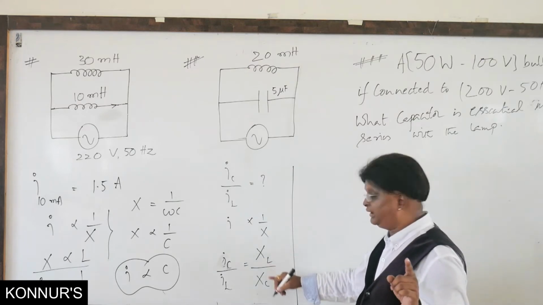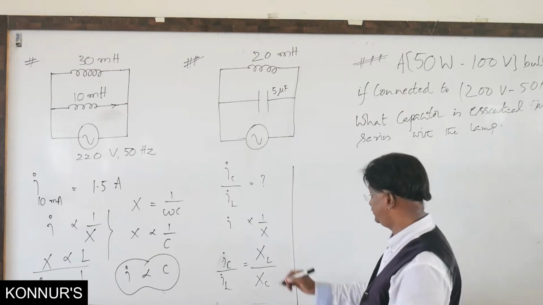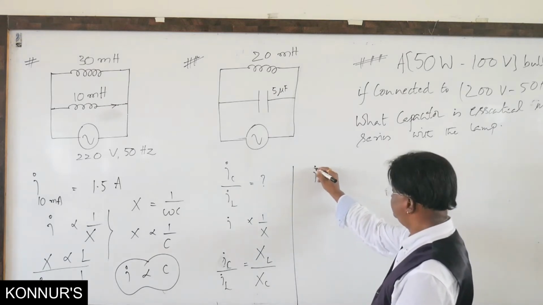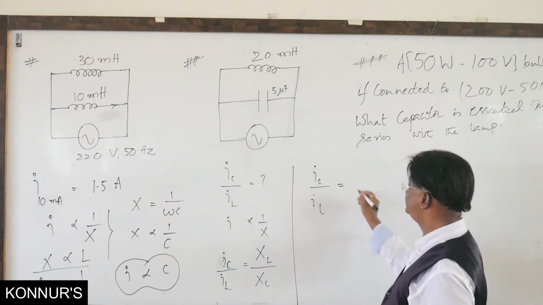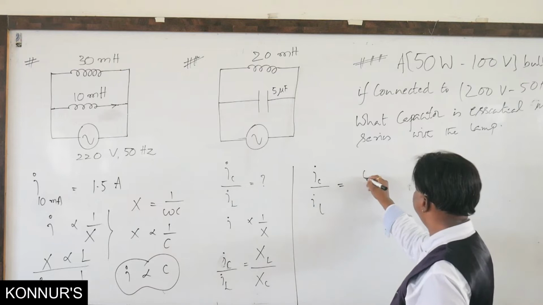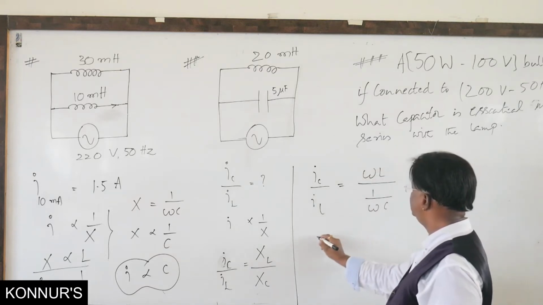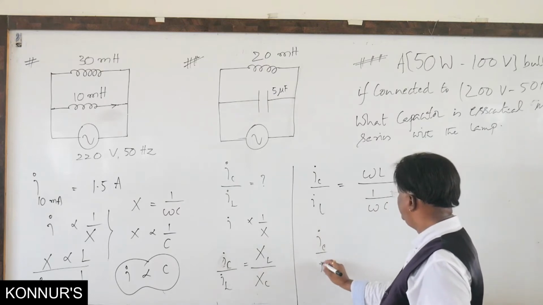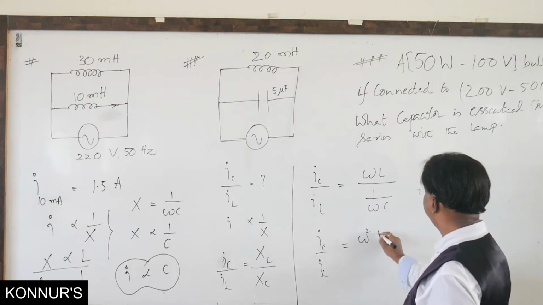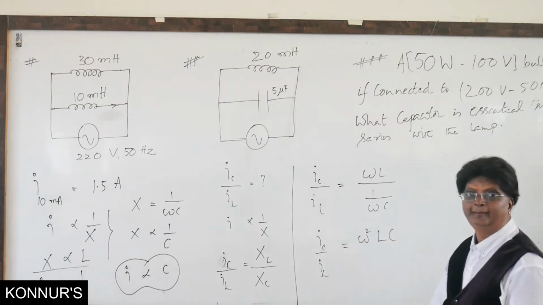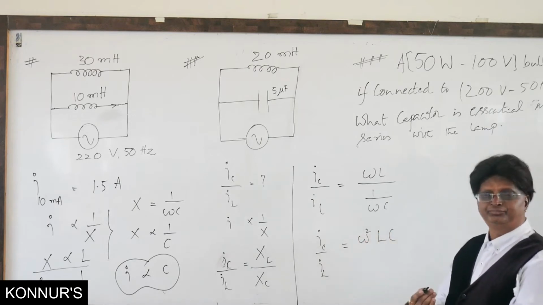Remember, since I want only the ratio, IC by IL is equal to XL, which is omega times L, over XC, which is 1 by omega times C. Therefore IC by IL is omega square times L times C. Of course this omega square happens to be a constant.